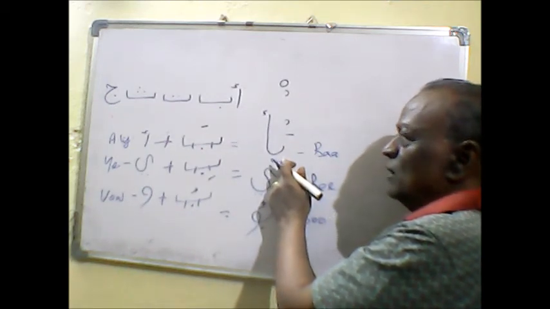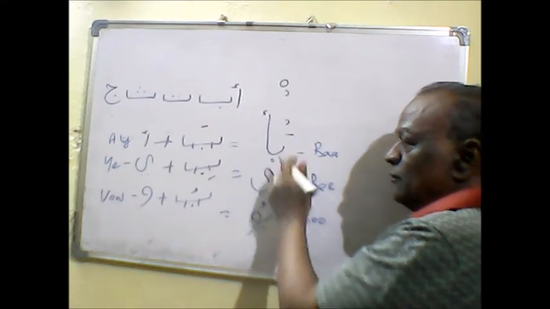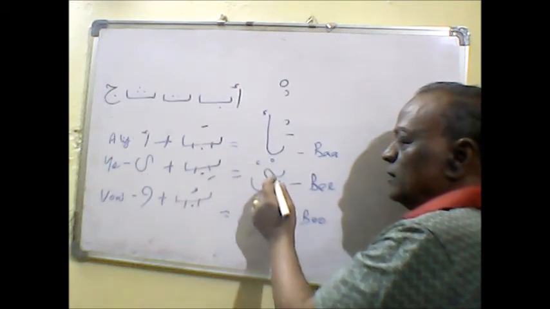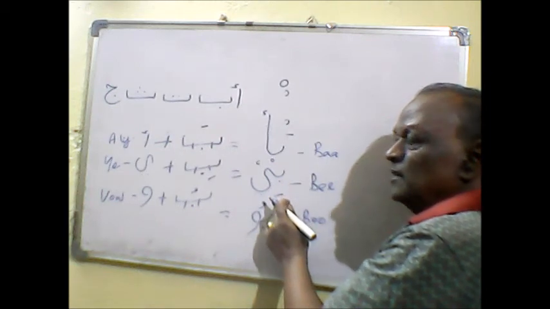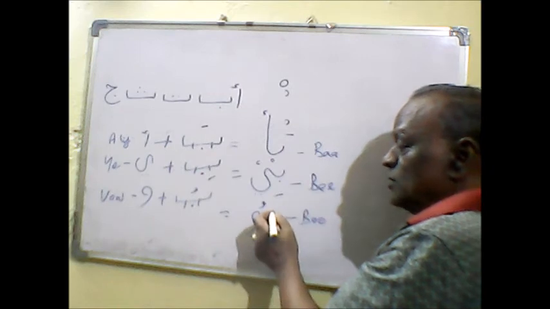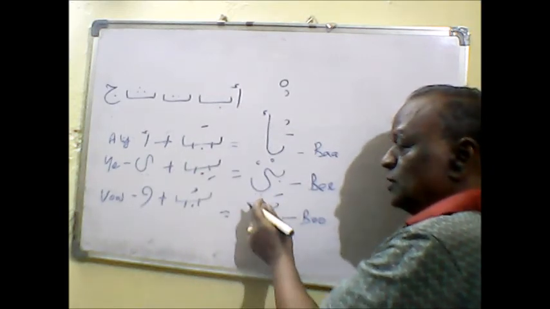So it becomes ba, because fatha is the a sound, ba. Similarly, here, once again, the alif is connected with the ta, but this is carrying the kasra, so it shows the bi sound. Then here also the same, waw is attached with ta, so it has a dhamma.